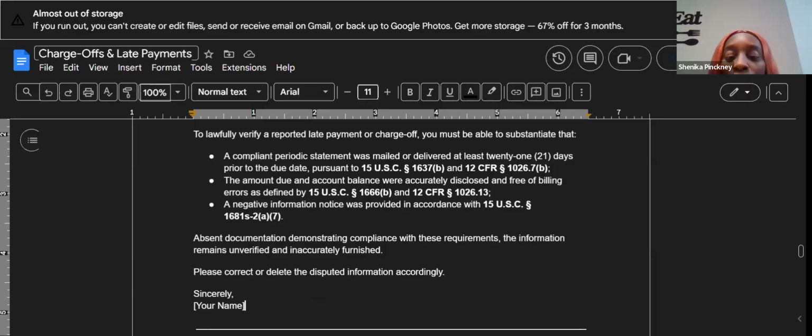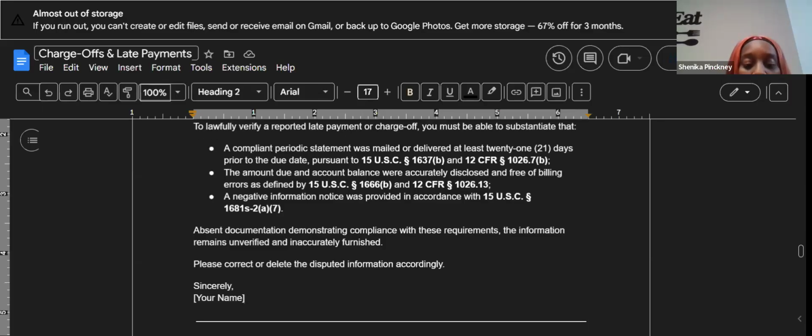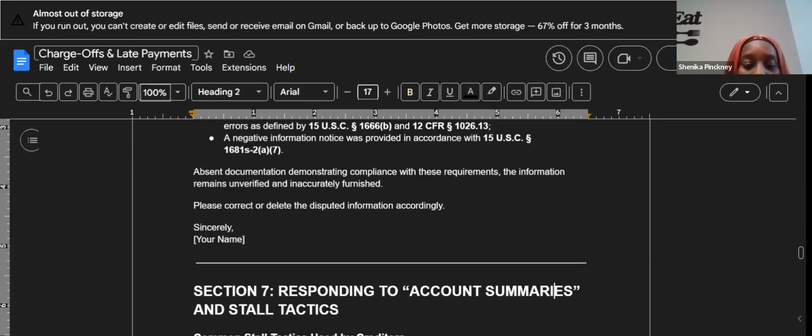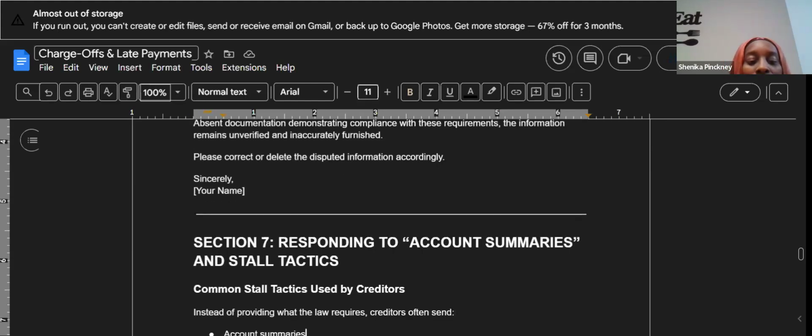A negative information notice was provided in accordance with 15 USC 1681s-2(a)(7). Absent documentation demonstrating compliance with these requirements, the information remains unverified and inaccurately furnished. Please correct or delete the disputed information accordingly. Sincerely, your name. All right.